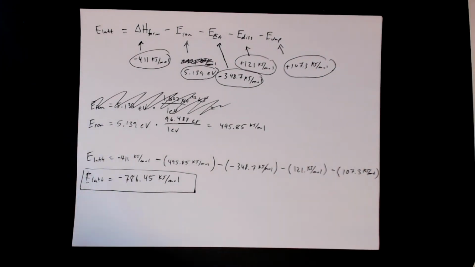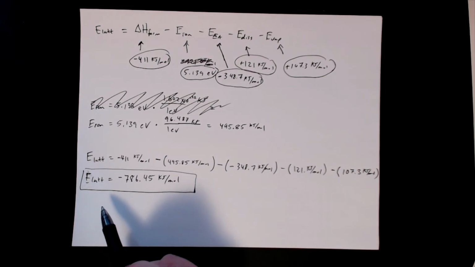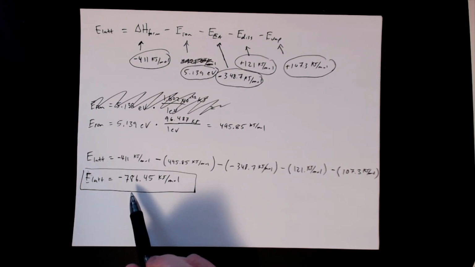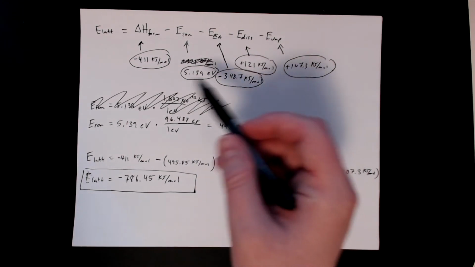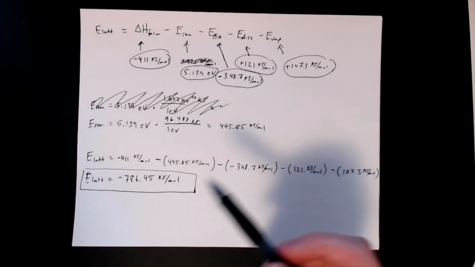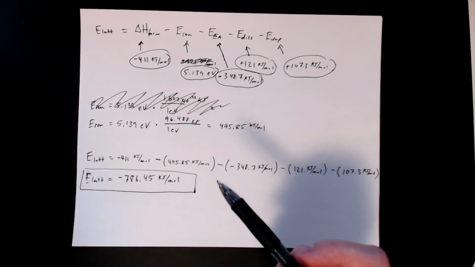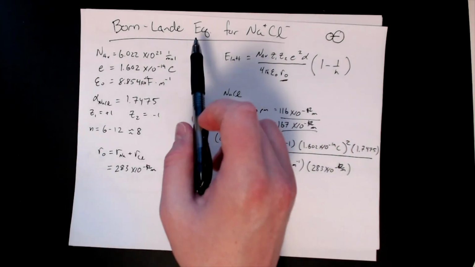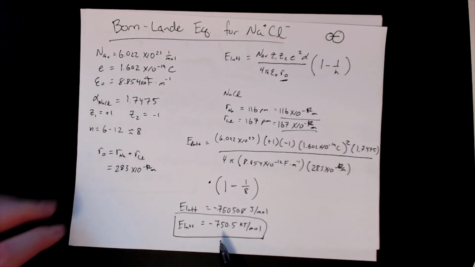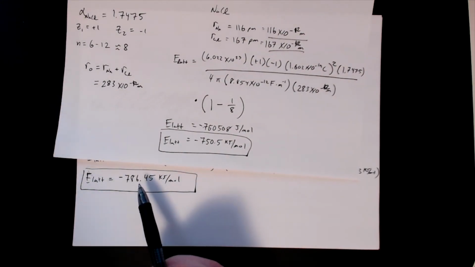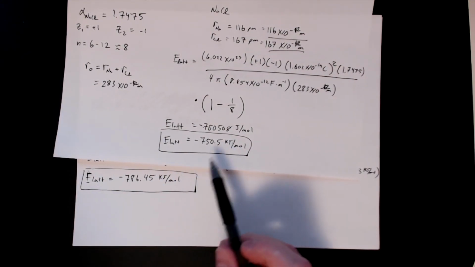Now that we've calculated the lattice energy in two ways, from the Born-Haber cycle, which makes no assumption based on whether a compound's ionic, and the previous calculation from the Born-Lande equation, where we got approximately minus 750, we see that the two numbers are pretty close, like I mentioned before.